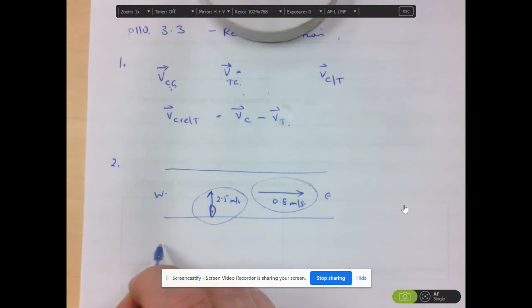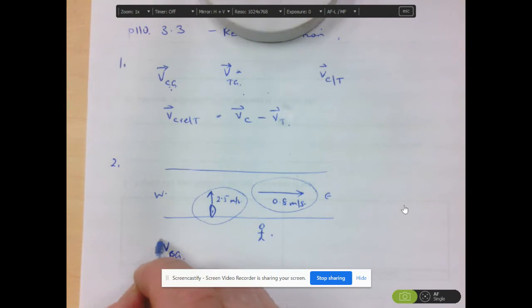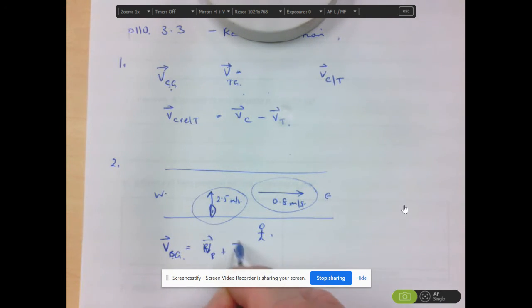So the total velocity of the boat relative to an observer standing on the shore, in other words the boat as viewed by the ground, that's the velocity BG, would be equal to the velocity of the boat plus the velocity of the water.